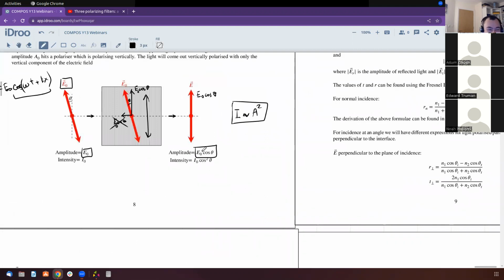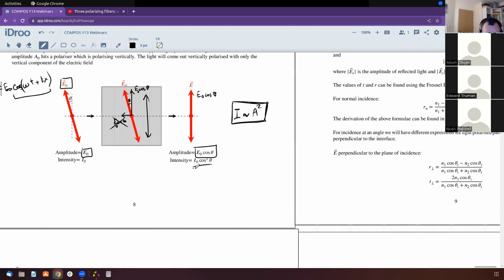Right, the amplitude is E0 cos theta, and the intensity is proportional to the amplitude squared. This is a fundamental fact. I won't go into details of why it is so, but it is true for any waves.